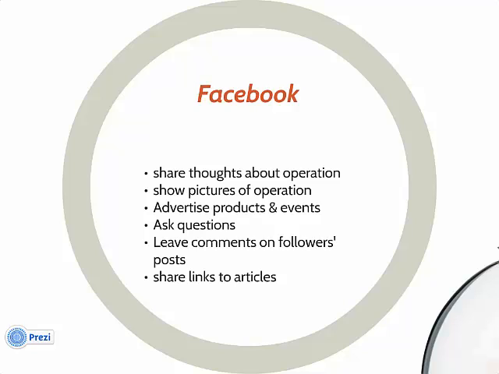Facebook has been one of the most successful social media tools used in the agricultural industry for direct sales and marketing to consumers. This can be done with a business page. So what does that mean? It does mean you have to have a Facebook profile. It doesn't mean you have to use your Facebook page, okay?